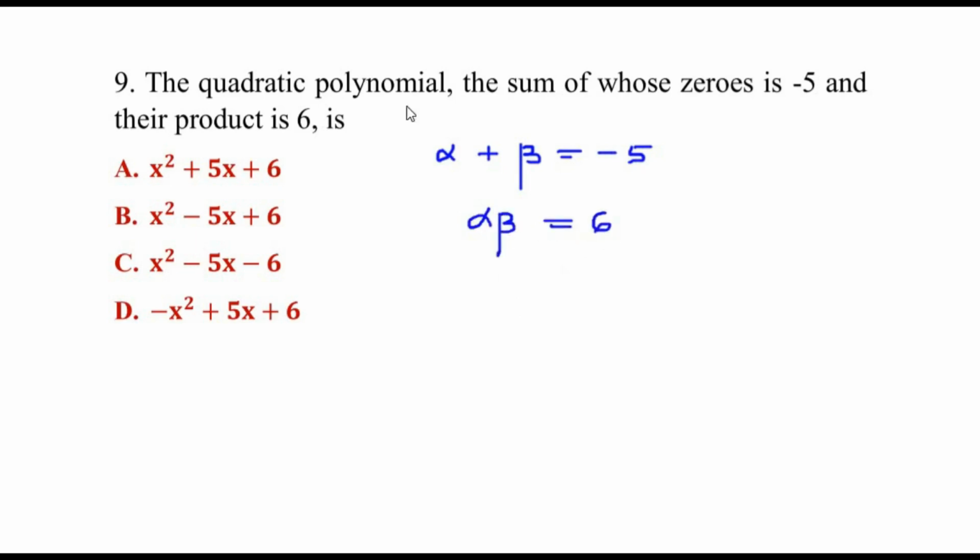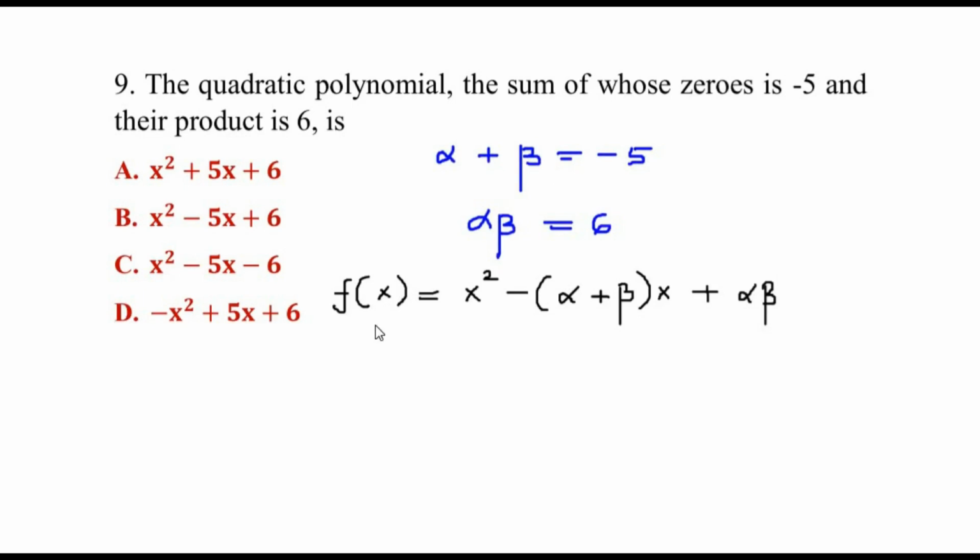So let us write down the general form of the quadratic polynomial in terms of alpha and beta. So f of x is equal to x square minus the sum of zeros, which is alpha plus beta, times x, plus the product of zeros, alpha beta. So let us substitute the values here.